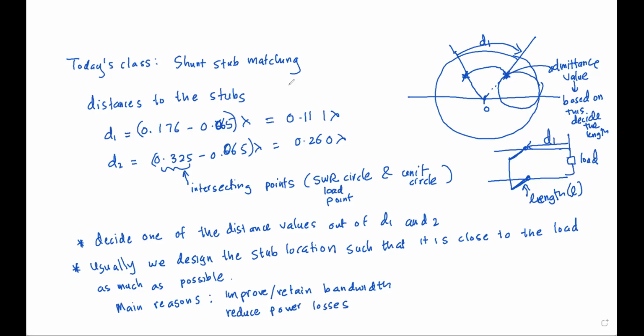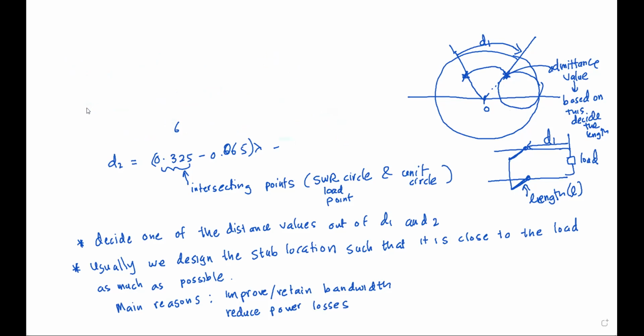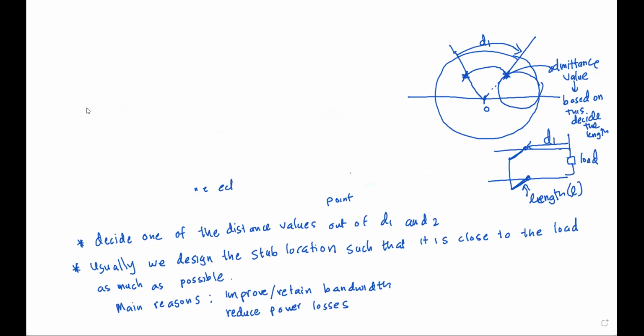I will erase this part. At the intersecting points, the admittance values you need to decide.